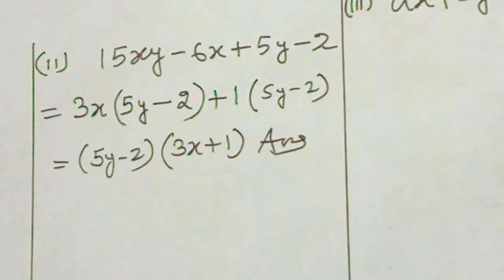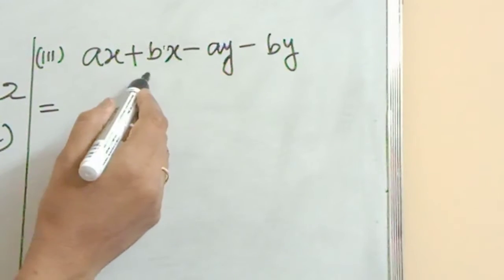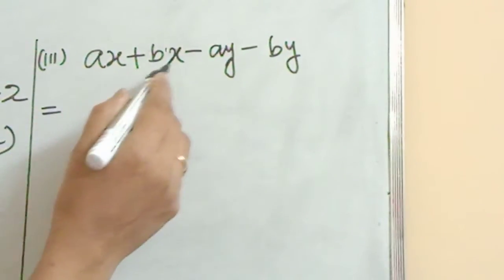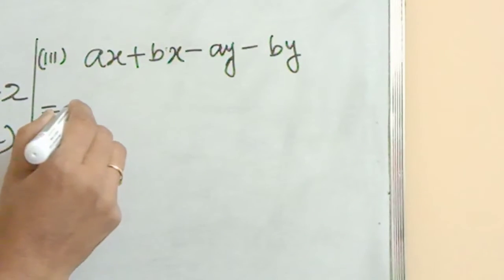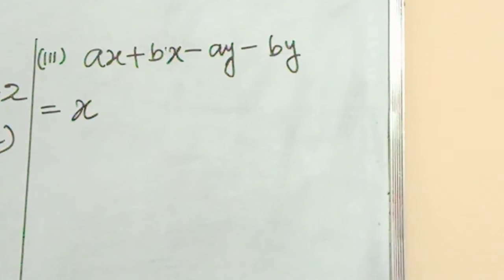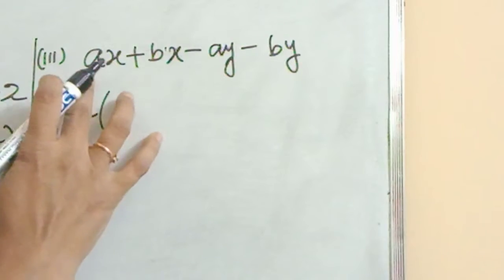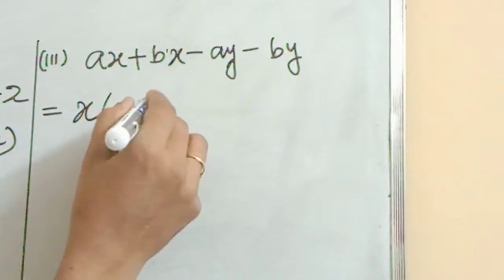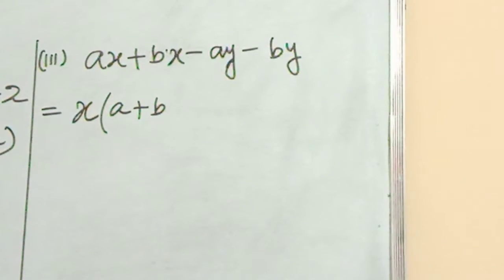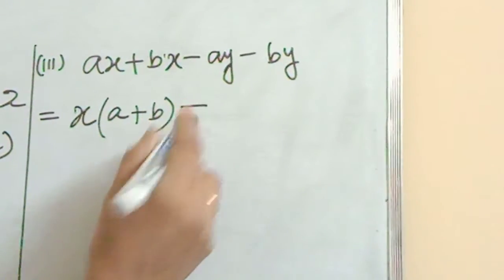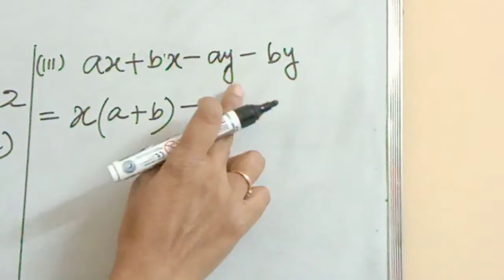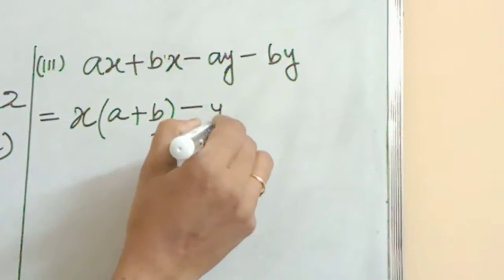Question number 3, ax plus bx minus ay minus by. From these two terms, if I take ax as common, then a is left here plus, and b is left. Okay. Now minus, from these two terms, which can I take as common? Yes, y I can take common.